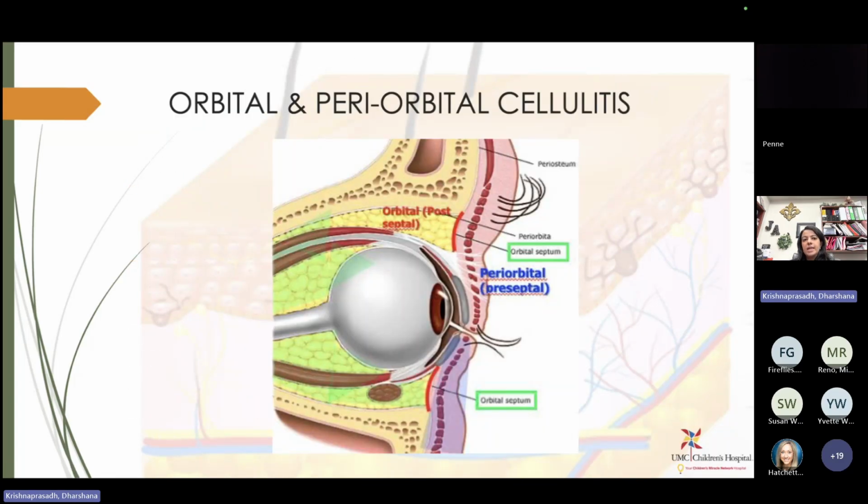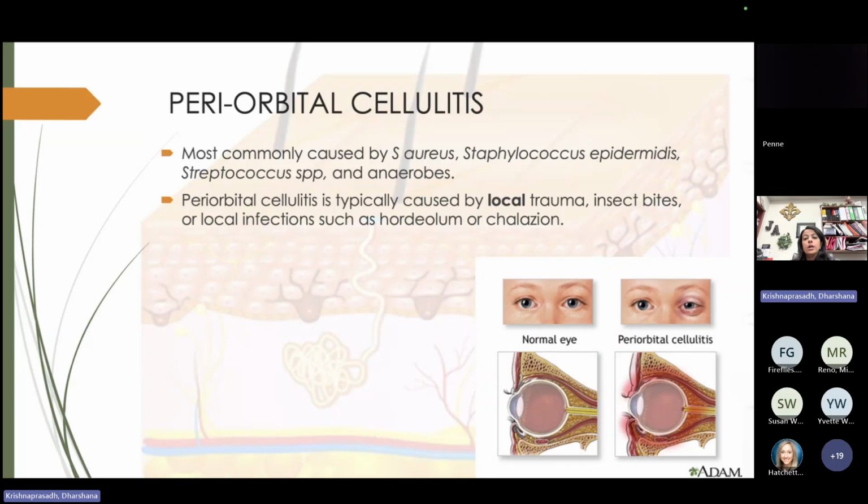Moving on to a more pediatric thing, orbital and periorbital cellulitis. Periorbital cellulitis, again, the similar organisms cause it. It is usually caused by local trauma, insect bites, or local infection, and it more often presents with eyelid erythema.